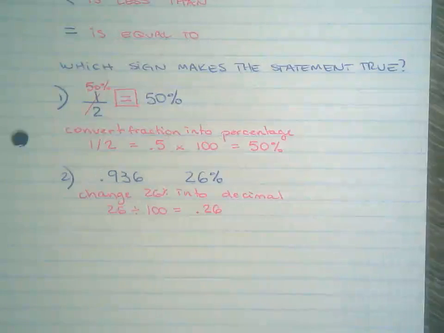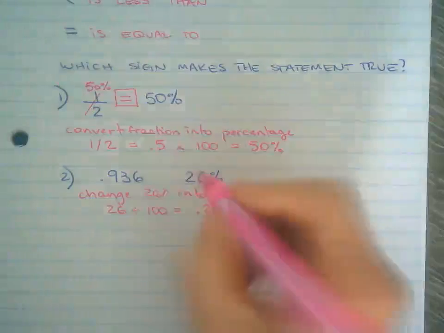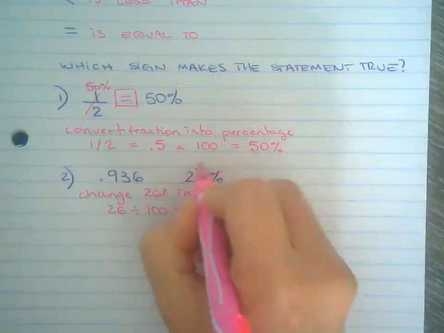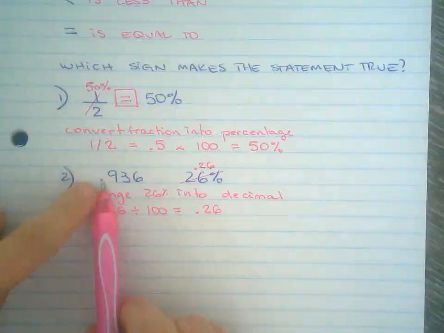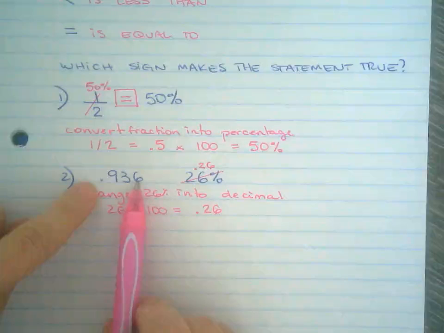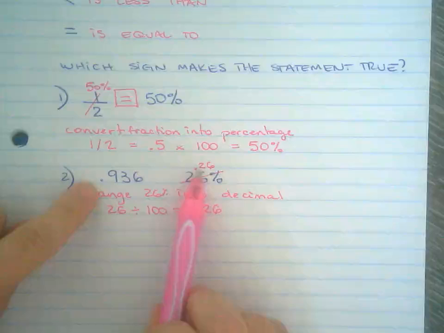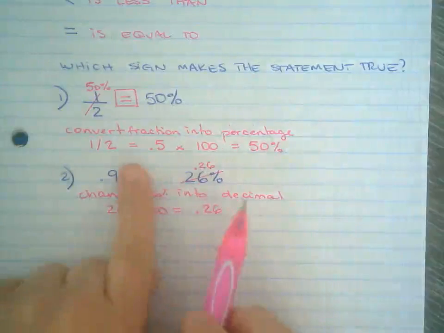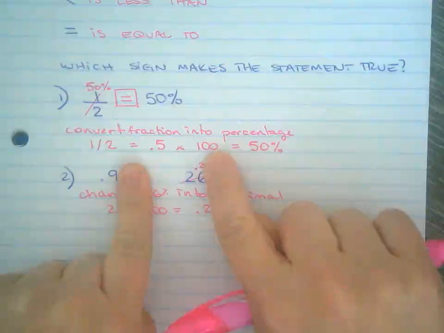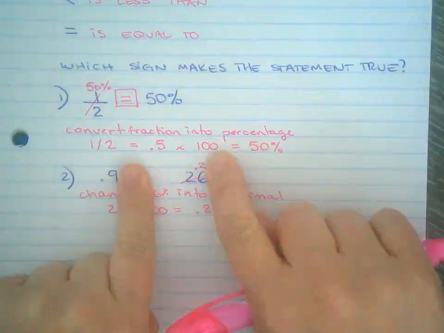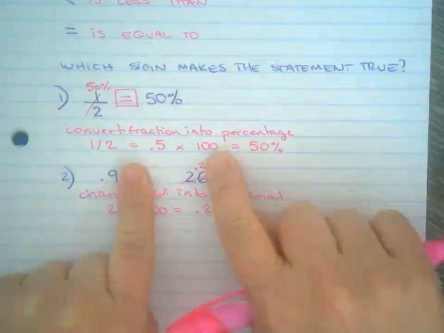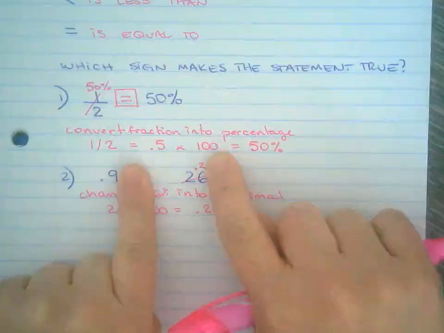Now it's easy for me to compare two decimals. So now I'm going to rewrite this as 0.26. All right. Is 0.936 greater than 0.26? We're going to just look at 0.9 and 0.2. 0.9 is greater than 0.2 because 9 is greater than 2.